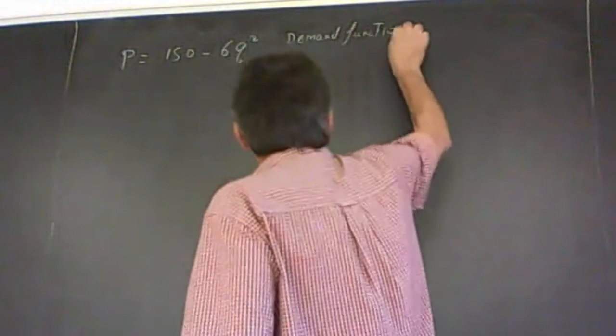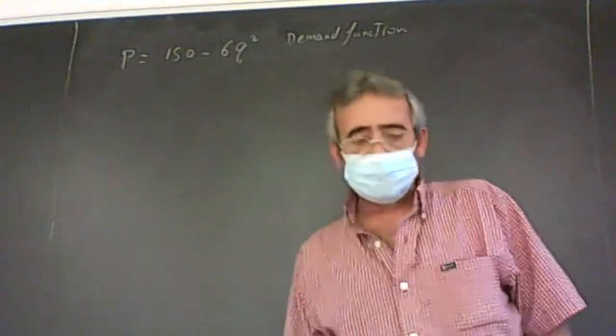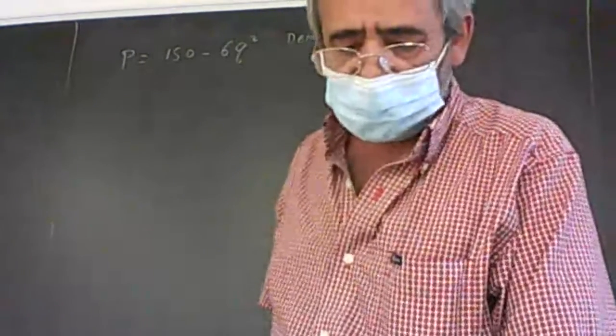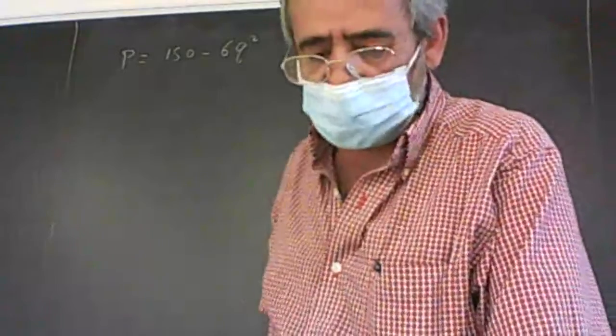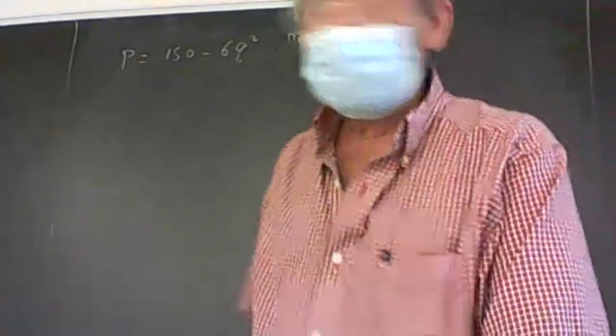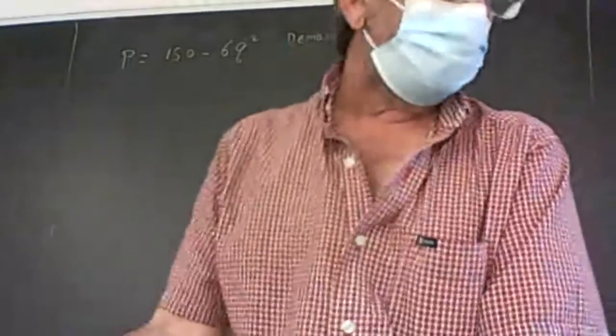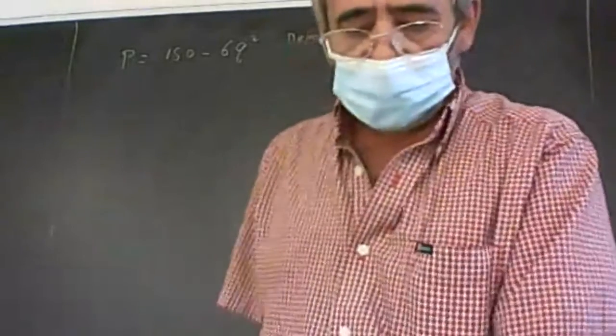Q is the number of items demanded in hundreds. So if Q equals 3 or 4, that means it is 300 or 400.